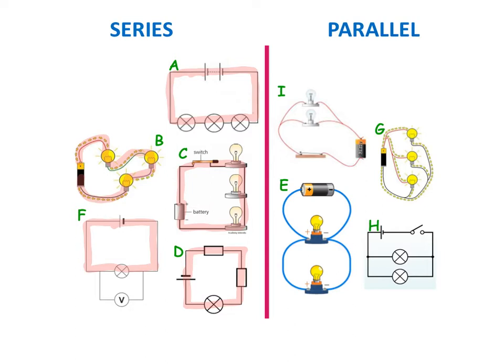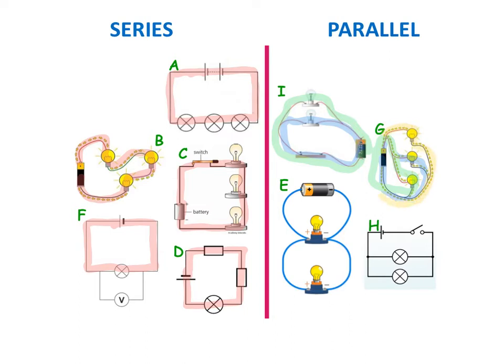Looking at the ones on the right to show they're parallel, I'm just going to draw that's one possible loop for I, and then another possible loop, could have taken that route round there. Look at G, so one possible loop, another possible loop, not the best there, sorry about that, and then another possible loop.